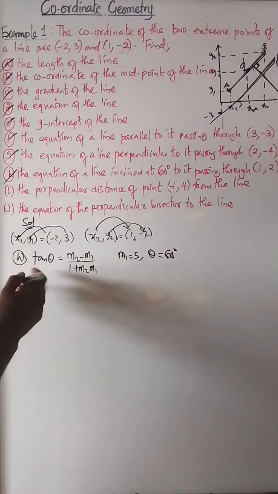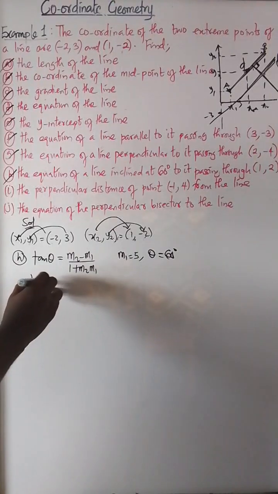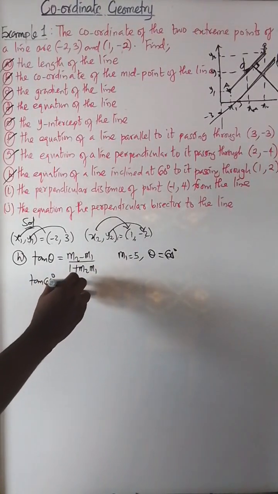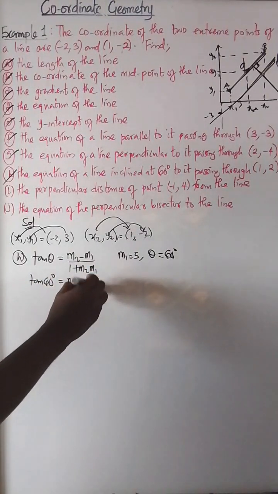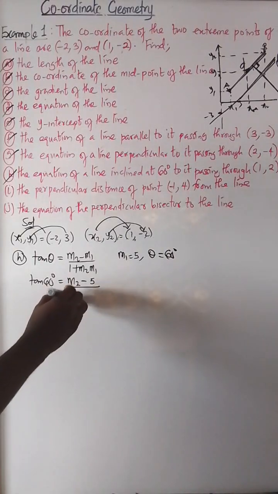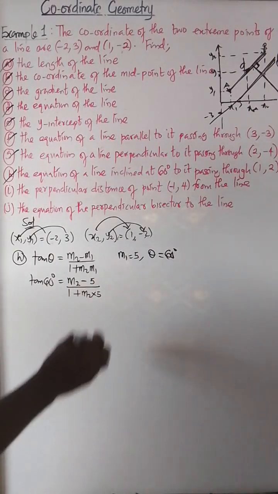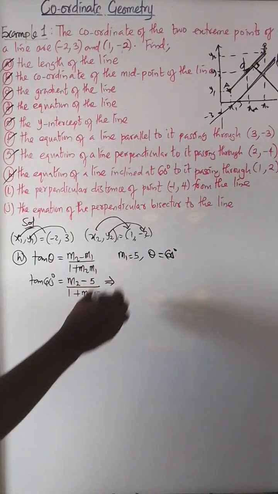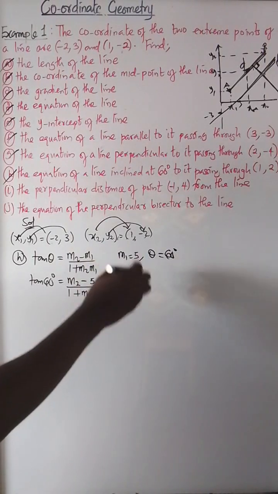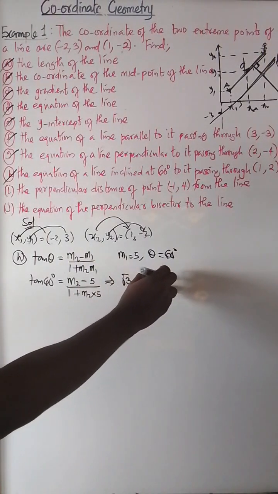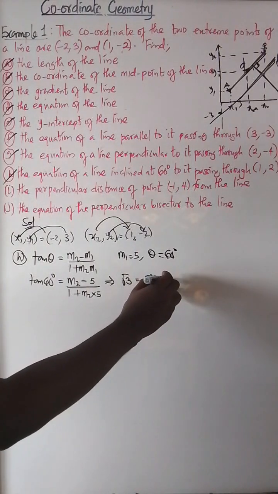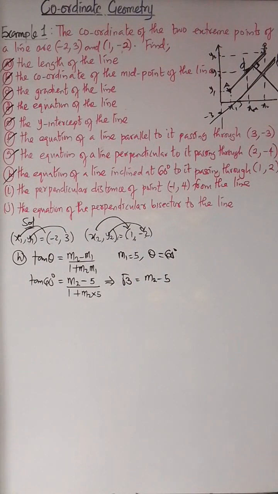So we write tan 60 equals, and our aim is to get M2. M1 is 5, divided by 1 plus M2 times 5. So from here, tan 60 is root 3, equals M2 minus 5 divided by 1 plus 5 M2.